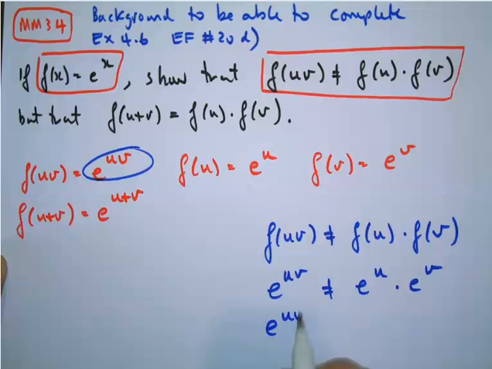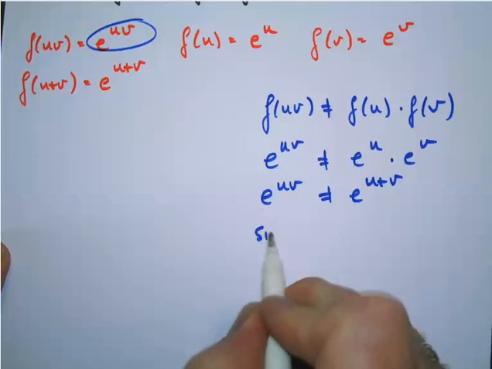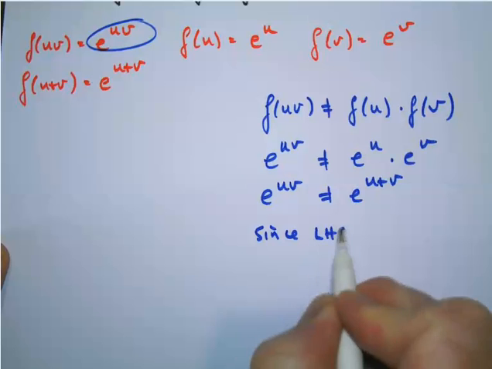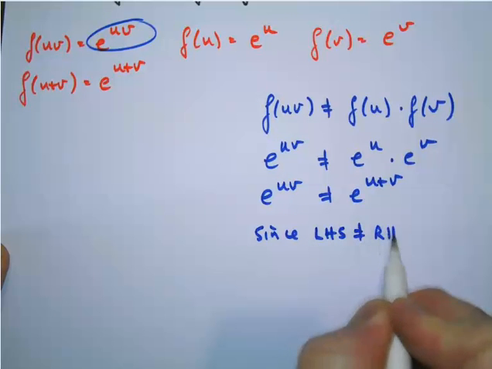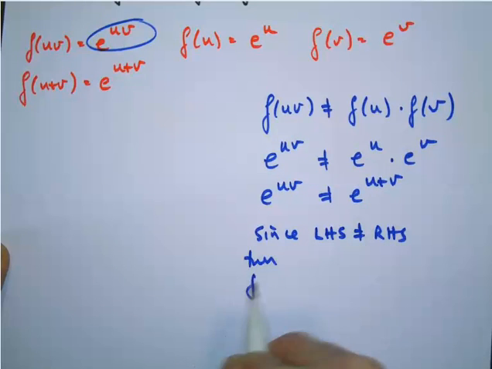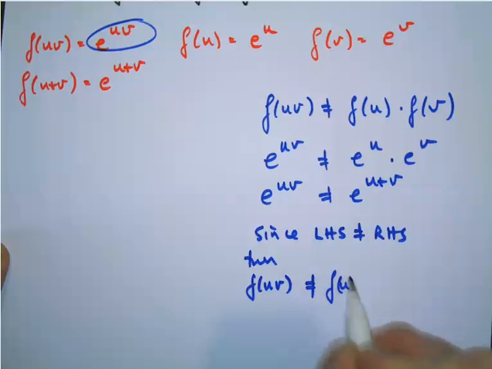E to the uv does not equal e to the u plus v, which is using the first law of exponentials. That is not the case. Since the left-hand side does not equal the right-hand side, then f of uv does not equal f of u times f of v, and that is my showing.